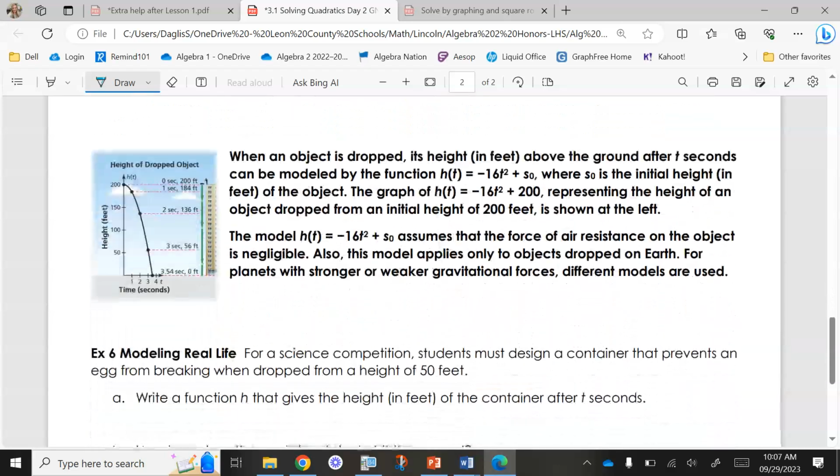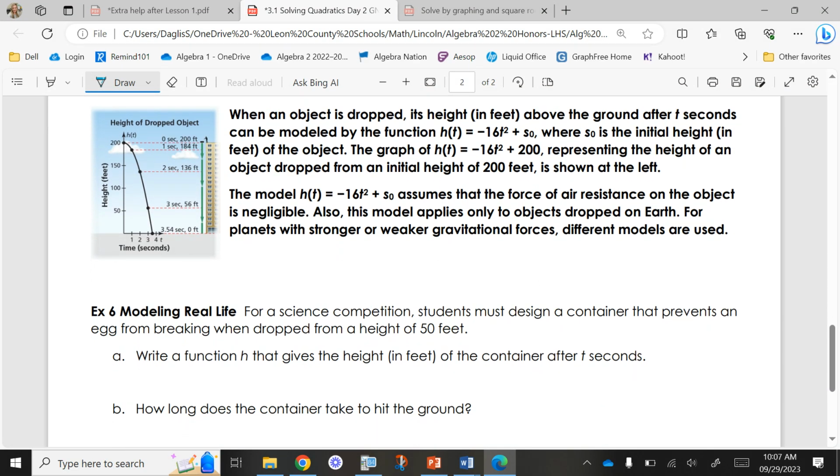I actually want to go down to this problem first. When an object is dropped, its height in feet above the ground after t seconds can be modeled by the function h of t equals negative 16 t squared plus s sub 0, where s sub 0 is the initial height in feet of the object.